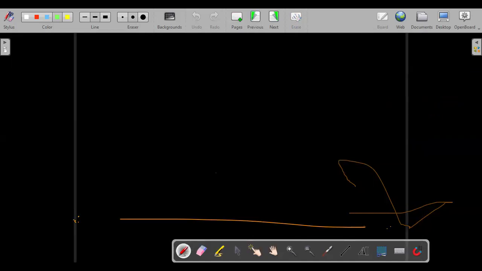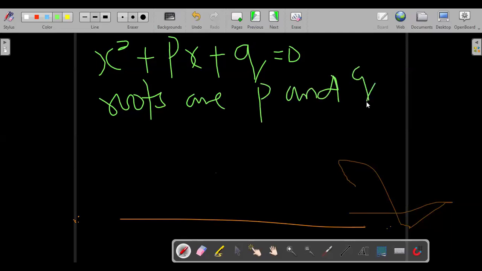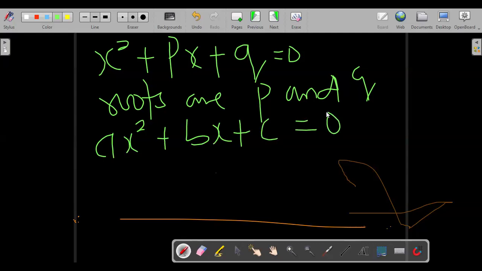They gave us x squared plus px plus q is equal to 0. The roots from the statement are p and q. Okay, so from our normal equation, we are told that we have ax squared plus bx plus c is equal to 0. So from here, I can get the value of a, b, and c.